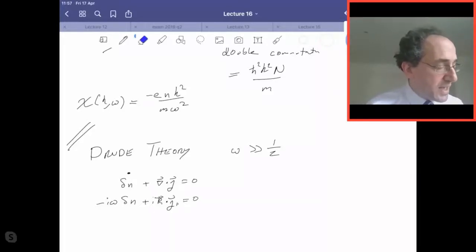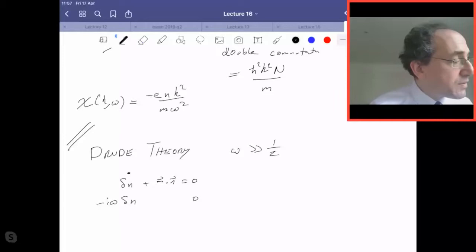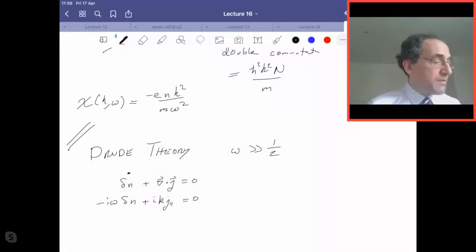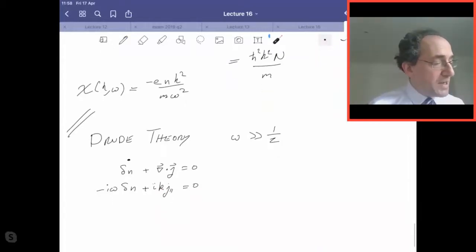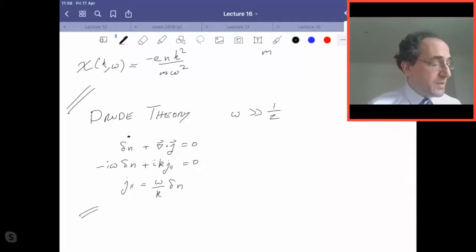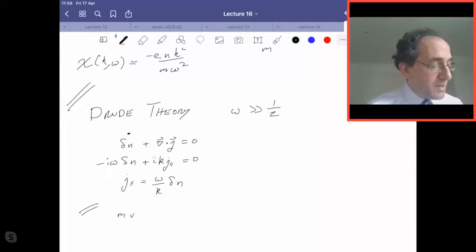So maybe I shouldn't write it as dot. I'll just write it as i k j parallel, so magnitude of k and j in the direction parallel to k is probably a nice way to write it. That allows us to write the j in the direction parallel to the wave vector k as just omega over k times delta n.